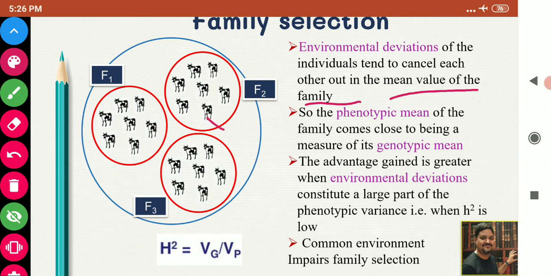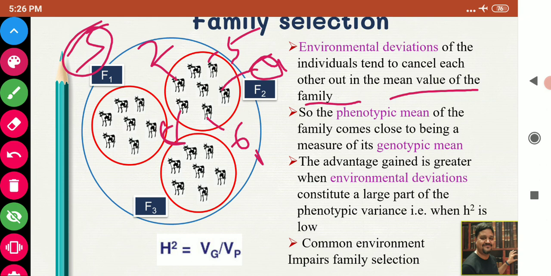Suppose this animal is having 6 liter because of the influence of environment. This particular individual is having 4 liter, that means the environment was negative for him. For this animal it was positive. Again it is 5 liter, optimum. Here 2 liter, negative environment. Here 8 liter, very positive environment. So this deviation, suppose the mean is 5 liter.